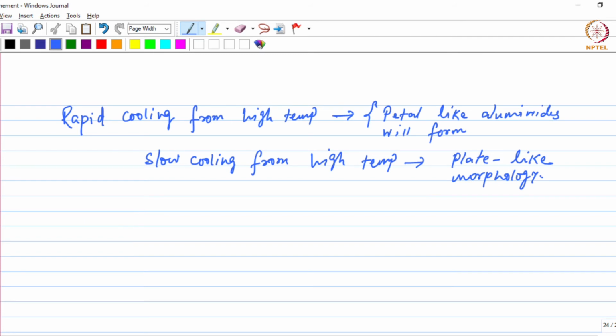And then the temperature will also have an influence. So if you do this slow cooling from lower temperature, then the morphology will change from plate-like to blocky type.